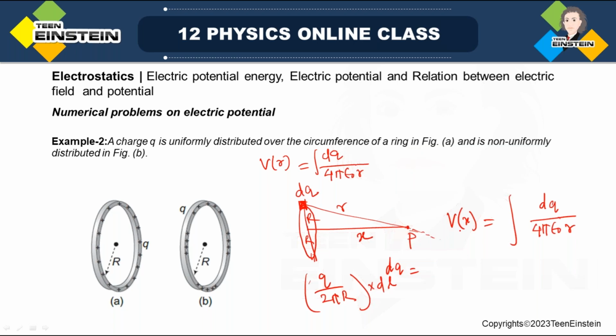So dq will be q by 2 pi R, the charge per unit length, into dl, if this has length dl.